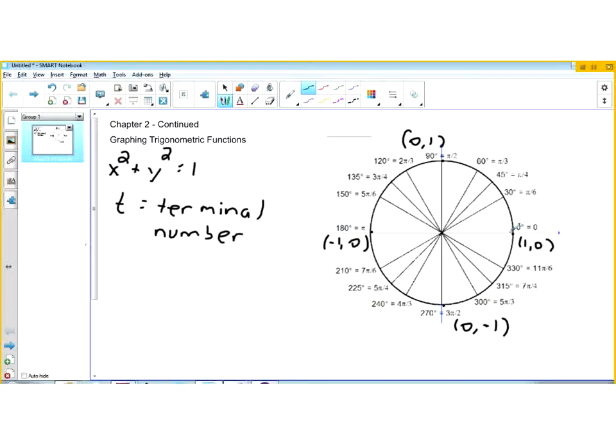For t equals pi/6, that means it's this arc length distance from t equals 0. The arc length distance that I've accentuated in red is pi/6 radians.